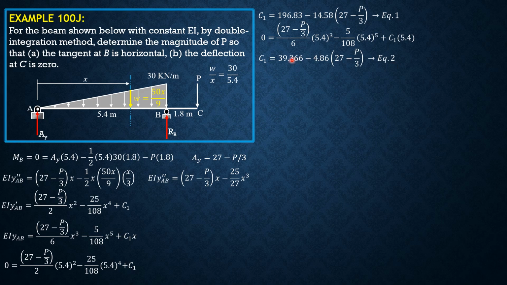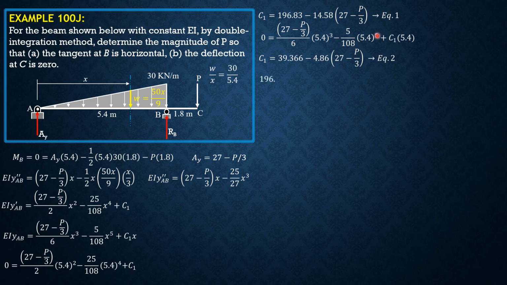So this is the value of C sub 1 regardless of the condition in the problem, because we established this when x is 5.4, the deflection at B is always 0. It is only in equation 1 where we have the condition that the tangent at B is horizontal. Without that condition, the tangent at B always has a value, not horizontal, only for this situation.